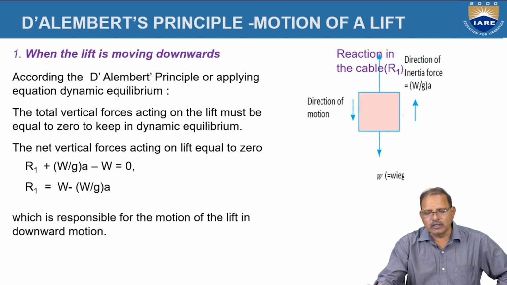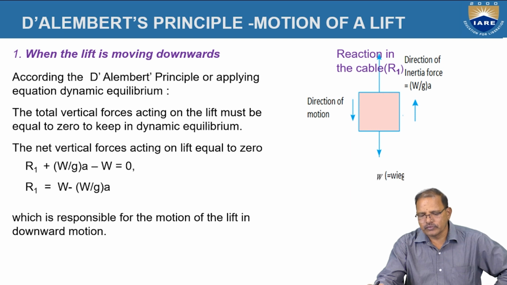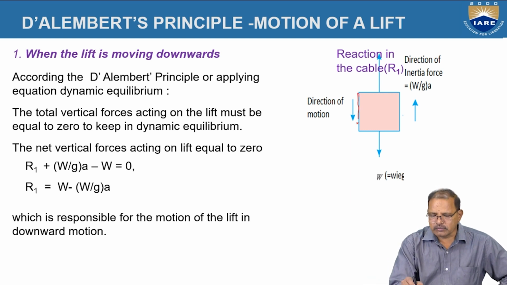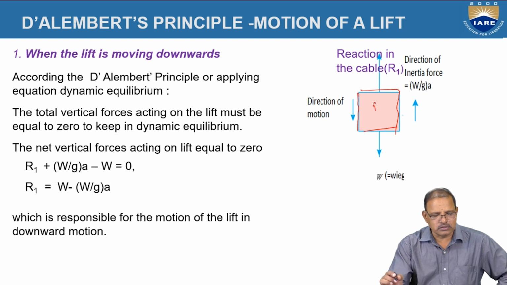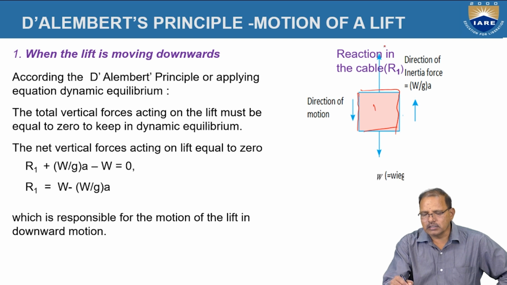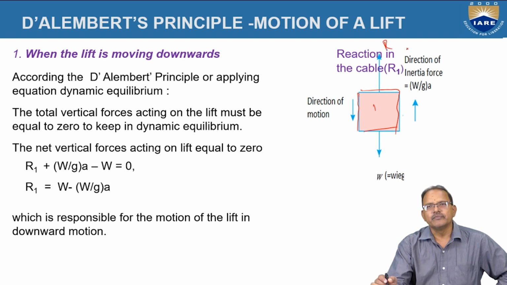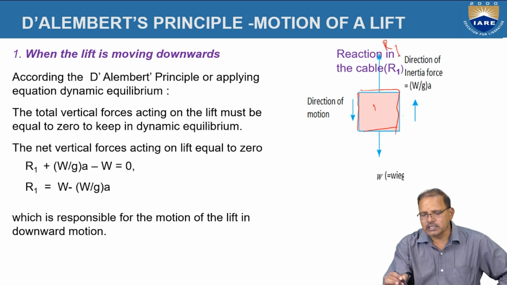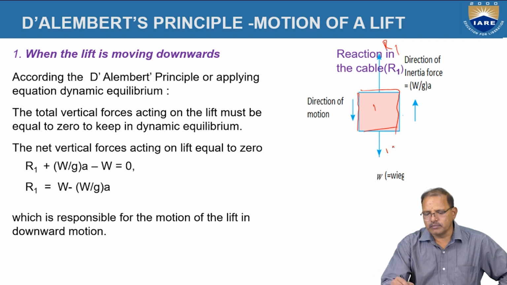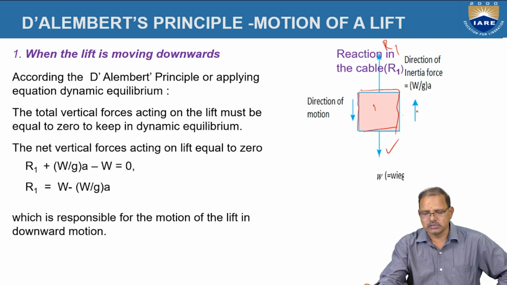Here, when the lift is moving in the downward direction, this represents the lift having mass M. T, or R1, is the tension in the rope. The weight W is acting in the downward direction.